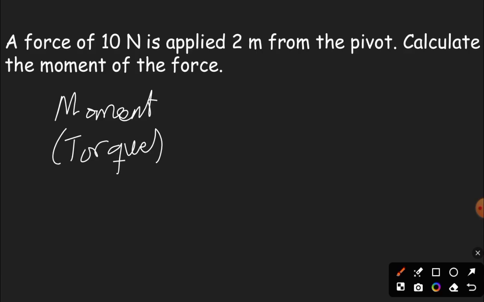If you have, let's say, the hinge of a door, when you toss the door back and forth, there is a fixed point that it rotates about. Now, the measure of the tendency of the force to rotate the door is termed as torque.